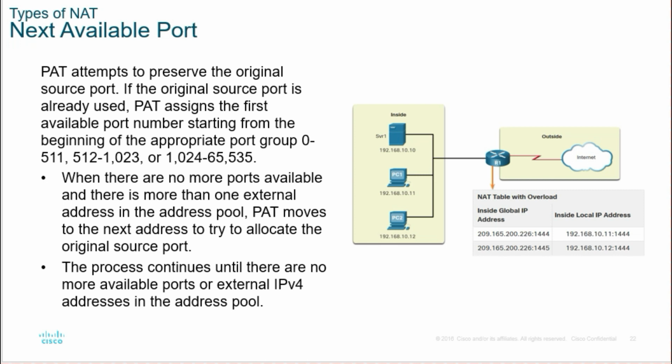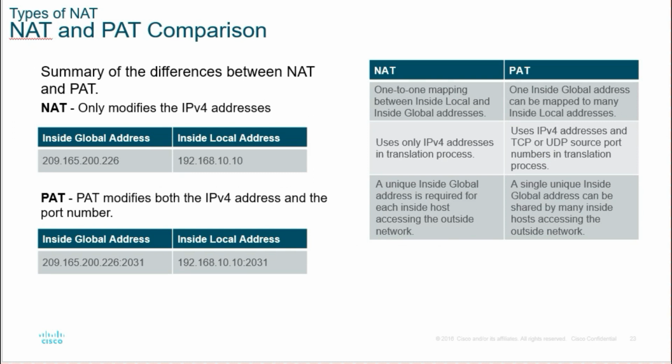Bila dah tak ada ataupun habis port number ni, barulah kita move on to the next available inside global address. Okay, so this process continues until there are no more available ports or external IPv4 addresses. So, kita nampak bahawa kegunaan PAT is very powerful. This is what being used nowadays.